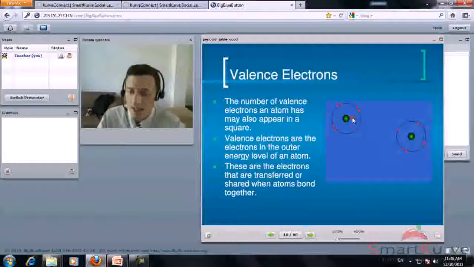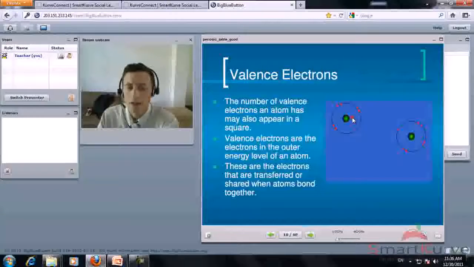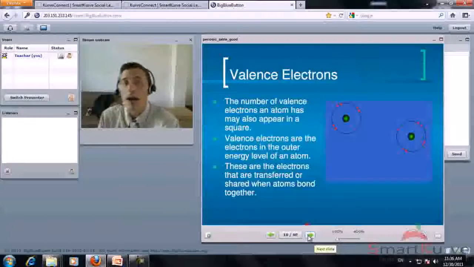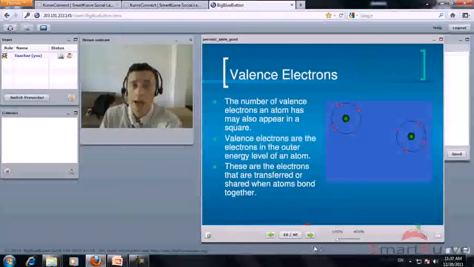So this element, we could have 1 or 2 levels underneath that one we're seeing. These are the electrons that are transferred or shared when the atoms bond together. So it's valence electrons that determine how an atom will react with other atoms, how an element will react with other elements.